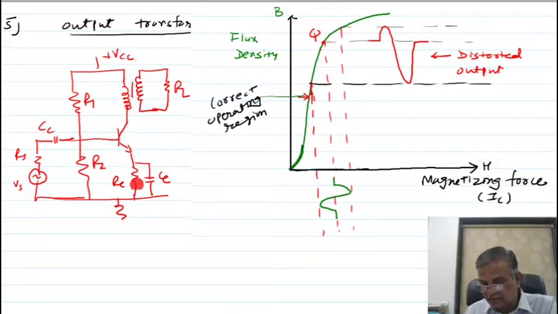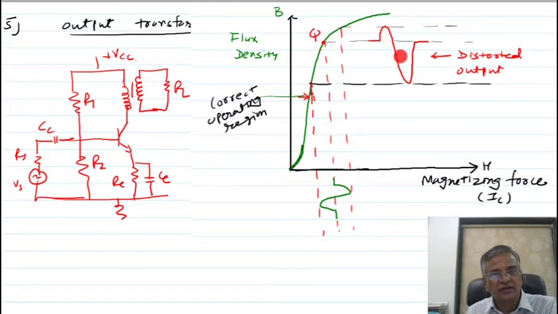So if a large value of the collector current is flowing, then Q point is coming in a saturation region of the graph of B versus H. So as AC collector current is changing, the corresponding proportional change in the flux does not take place in the secondary. As a result, output will be distorted.